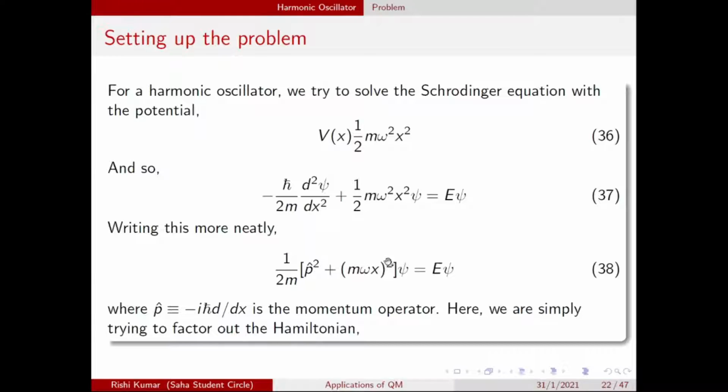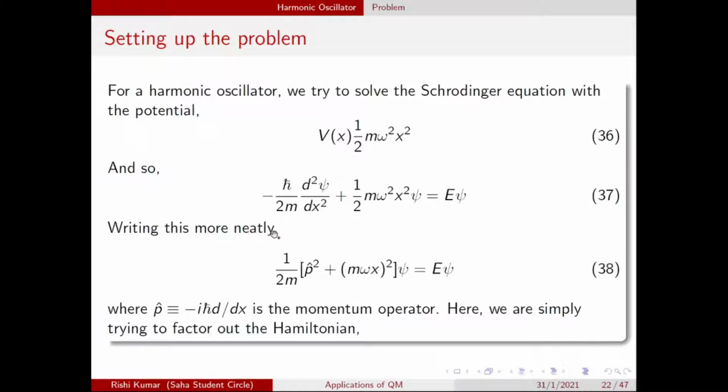And now we're going to use a small trick here. Writing this more neatly, we essentially factor out the half, and we know that the momentum operator is given by this thing right here, h bar d squared psi by dx squared.